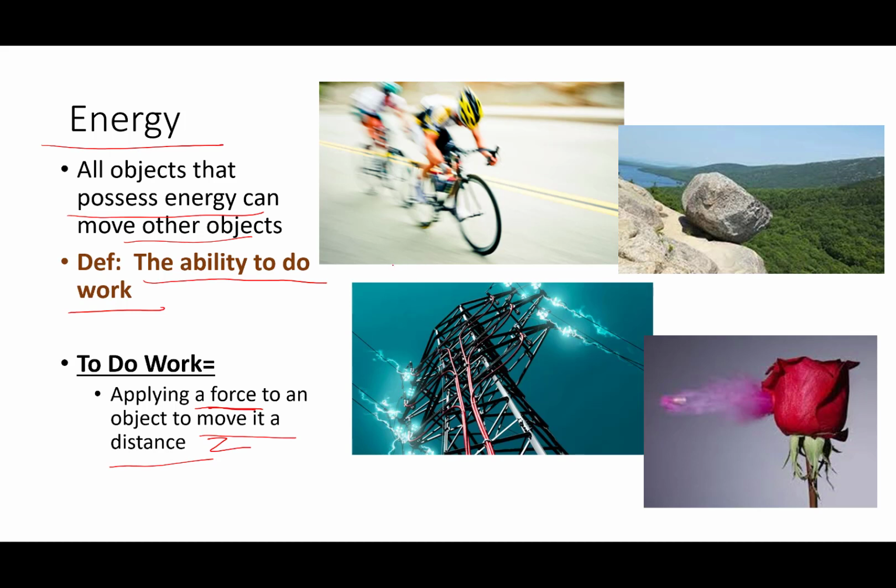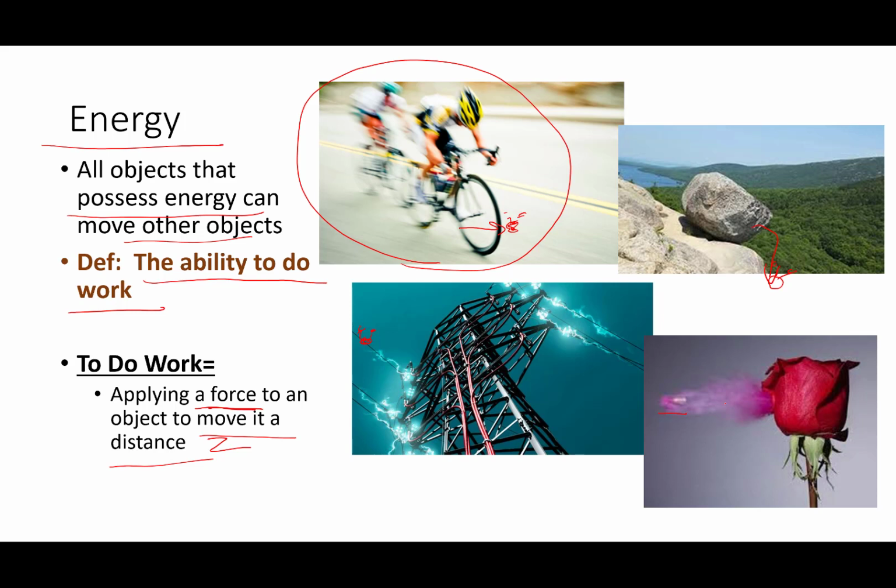So the bicycle has some speed, and if some unsuspecting little bug flew in front of it, it could apply a force to that bug. If our unsuspecting little bug was down below where this poor little rock fell, it could apply a force to that bug. The electricity going through these power lines, if a little unsuspecting bug was there, poor bug, I'm picking on him, it could apply a force to that bug and it wouldn't make that bug healthy.